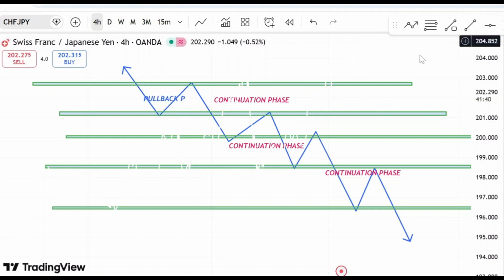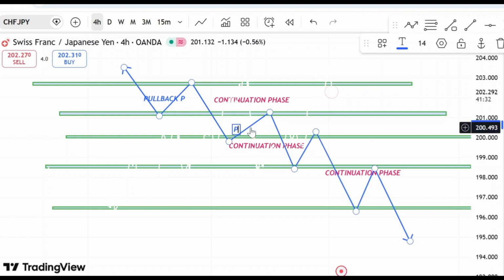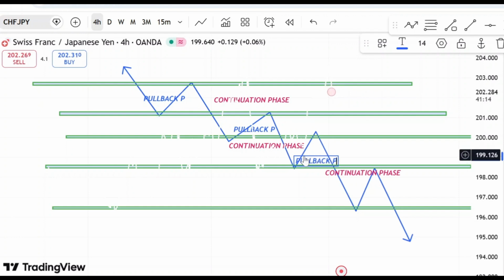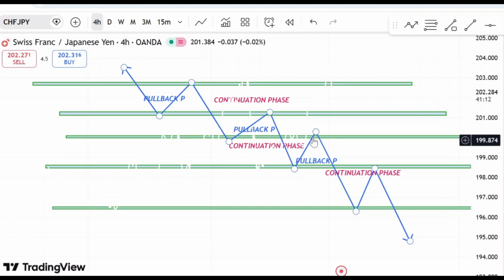This is a pullback phase, this is a pullback phase, pullback phase. This is another pullback phase. Pullback phase like this. Okay, cool.